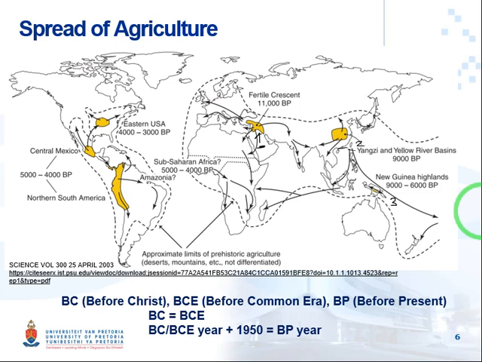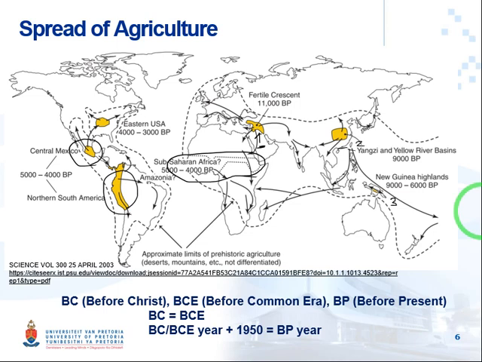The next three origins of agriculture are all believed to have started independently, more or less 5,000 to 4,000 BP, in different parts of the world: Northern South America, the birthplace of potato; Central Mexico, the birthplace of maize; and an unknown place in sub-Saharan Africa, the birthplace of yams.